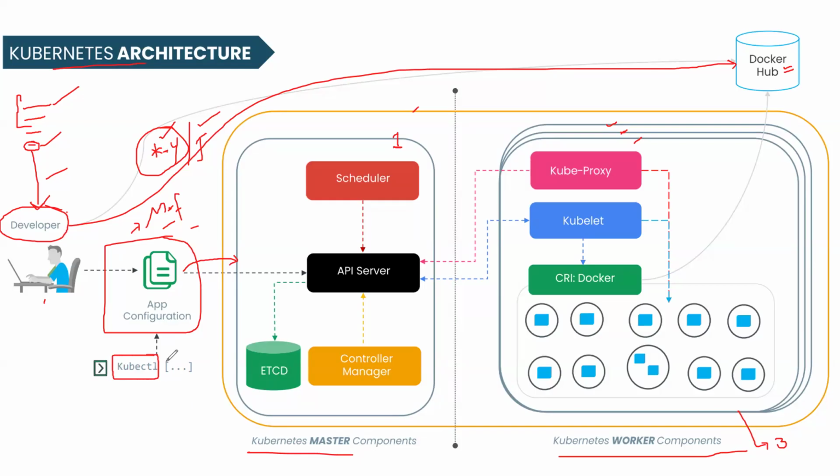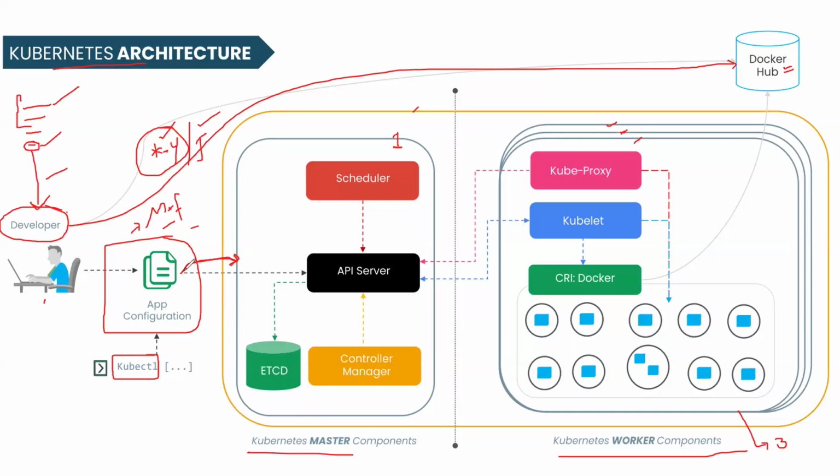Like Docker and Maven have their command line utilities, we have kubectl, which is used to interact with the Kubernetes master node. Once the manifest file is ready, developers will use the kubectl command to submit this request for deployment. This request contains all the required parameters to deploy or define your pod.